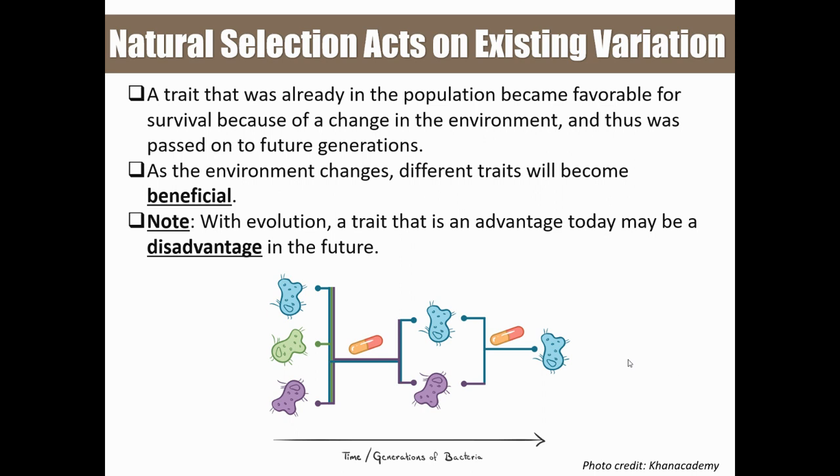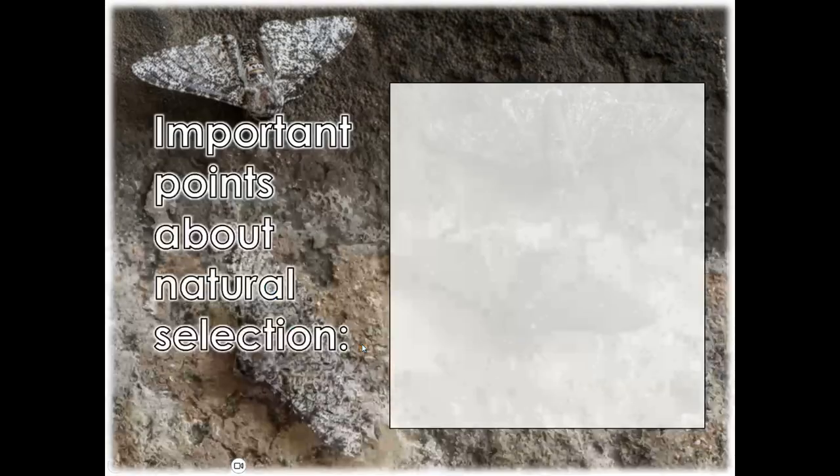And it's important to note that with evolution, a trait that is an advantage today might become a disadvantage in the future. And I'm not going to spend a whole lot of time talking about this, but this is what happens with antibiotic resistance. So we're going to come back to a future lesson where we talk about bacteria and antibiotic resistance and what that sort of generates as an issue today.